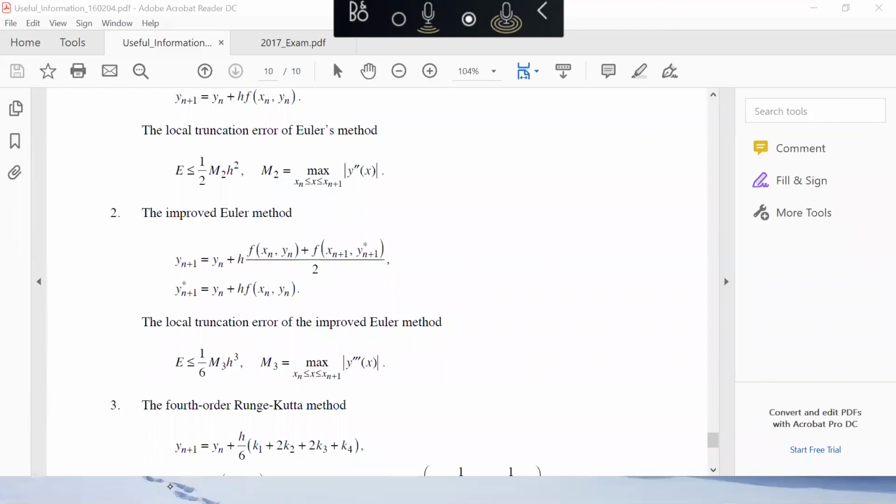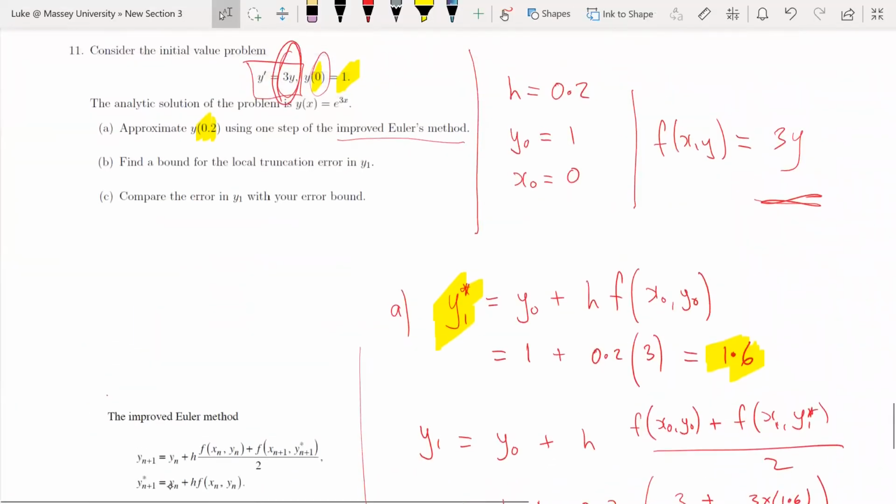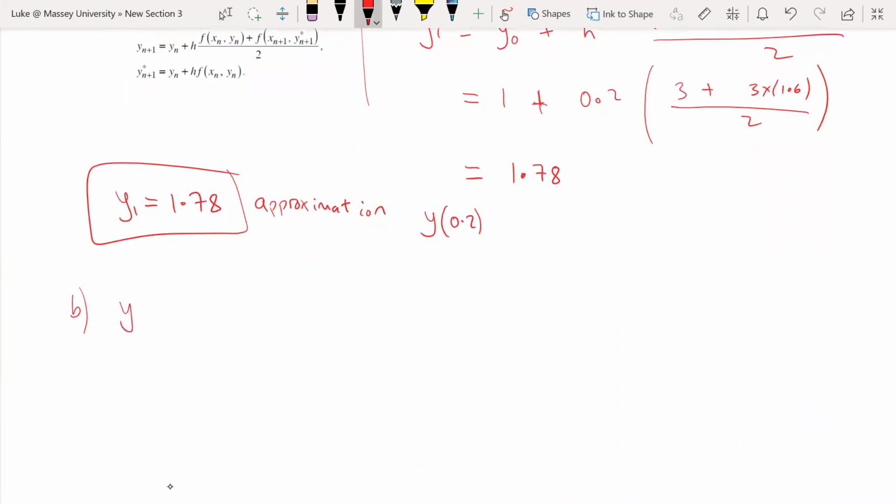But we're given the exact solution in this problem. The exact solution is y equals e to the 3x. So I can take 3 derivatives of this: y prime, y double prime is 9e to the 3x, y triple prime is 9 times 3, which is 27e to the 3x.